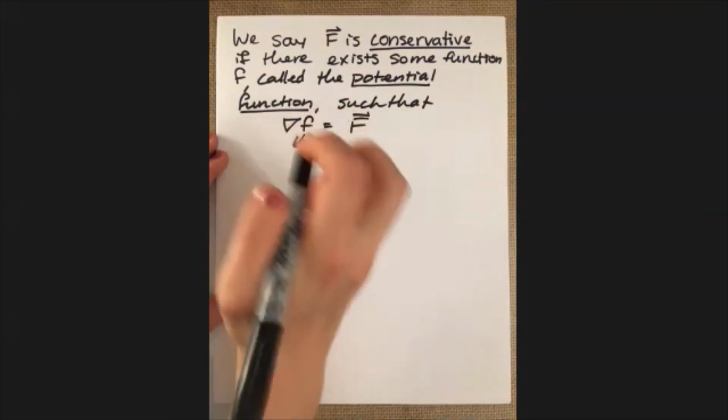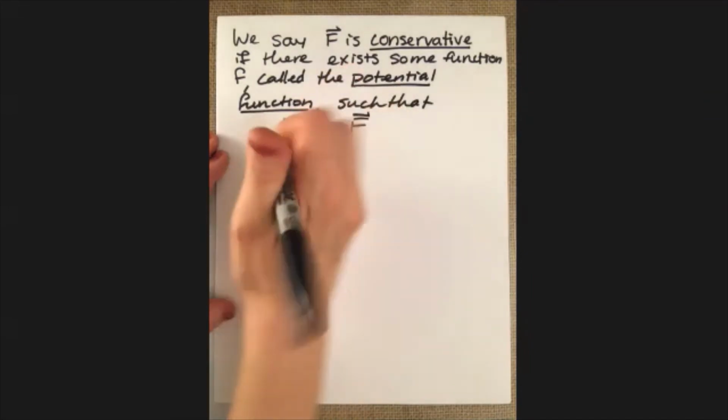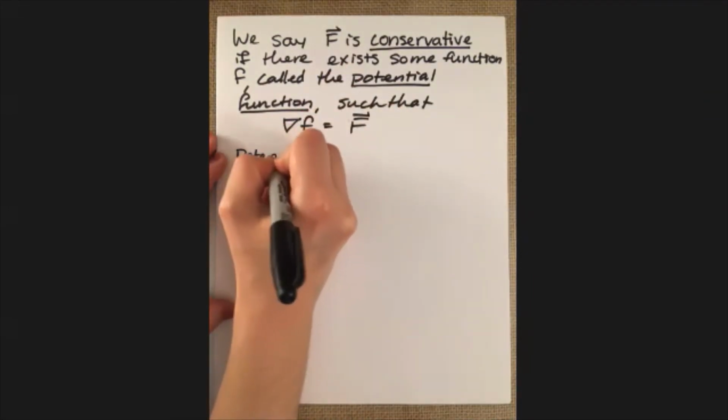The little function f, not the gradient, just the little function, is called the potential function.